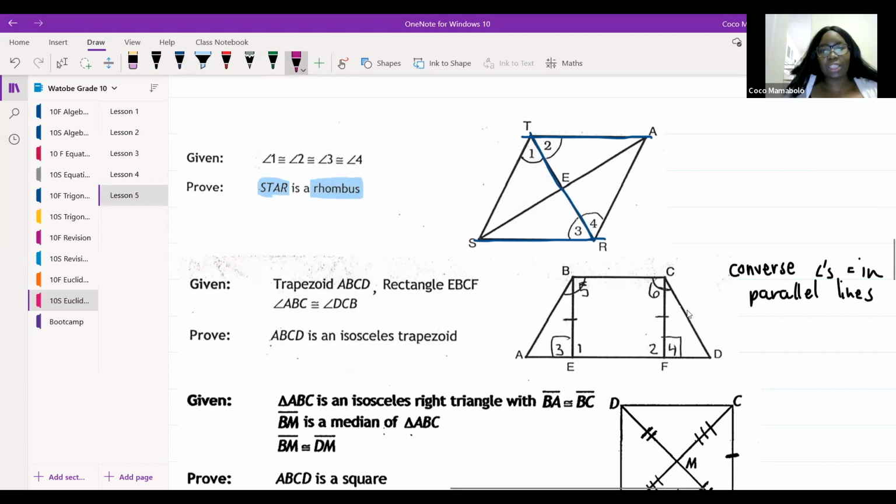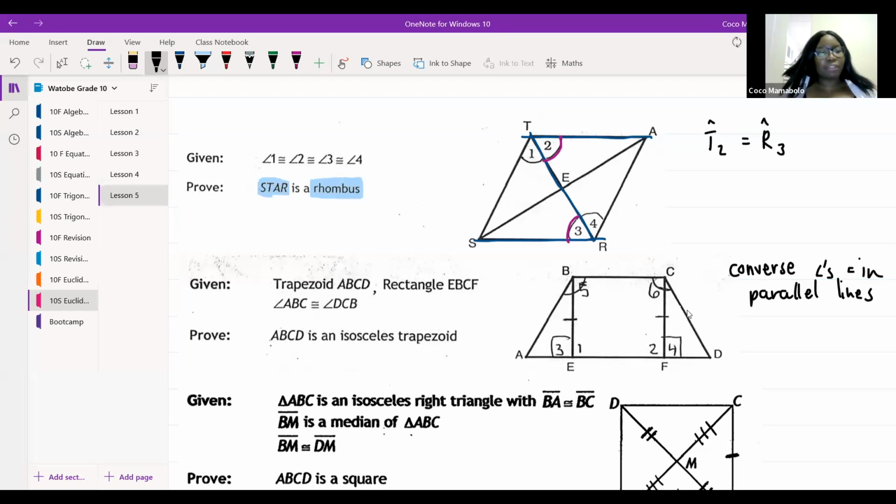Which two angles are actually supposed to be equal to each other here? The ones on the inside of the Z. So it's going to be that one and, good, that's a Tiana, T2 and R3. So we can conclude that T2 is equal to R3.